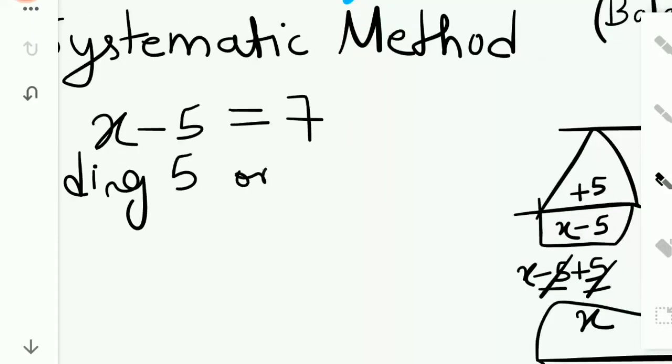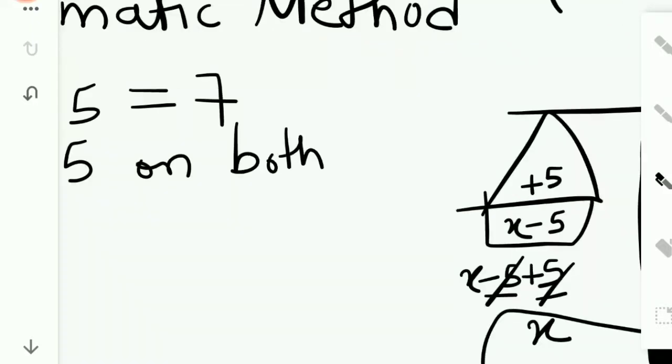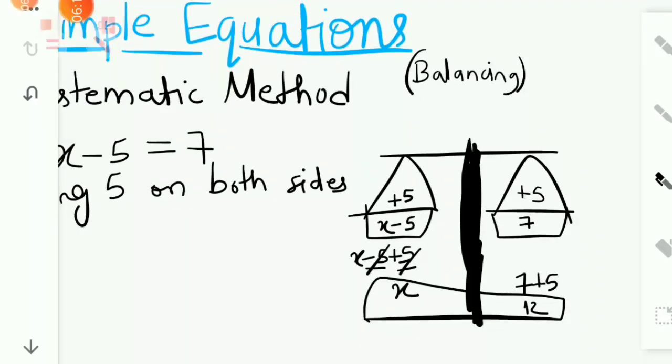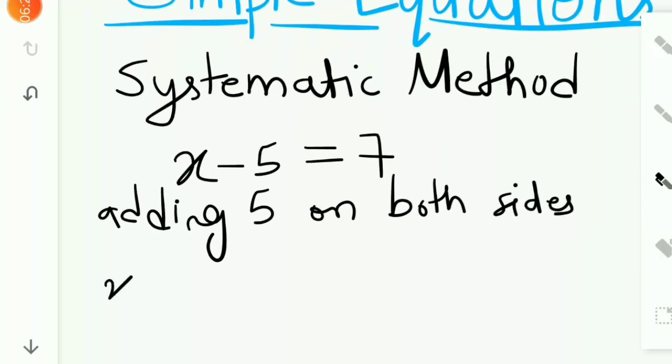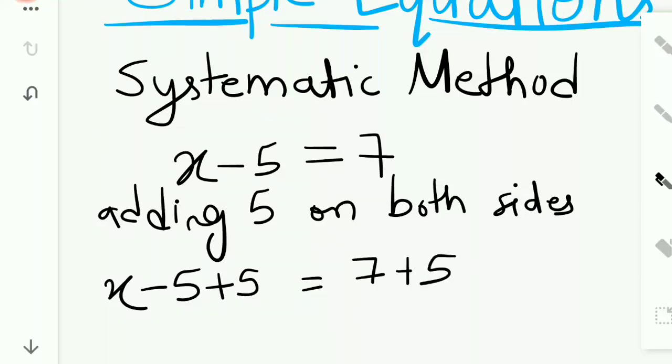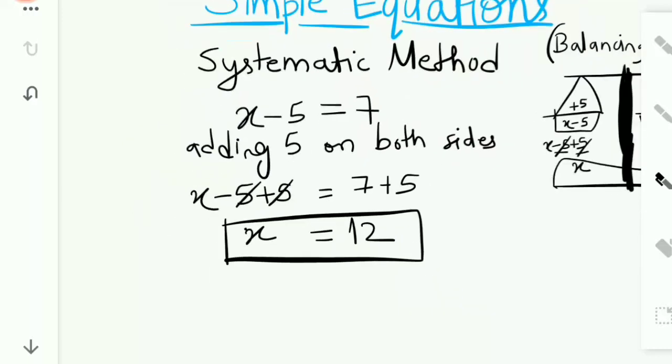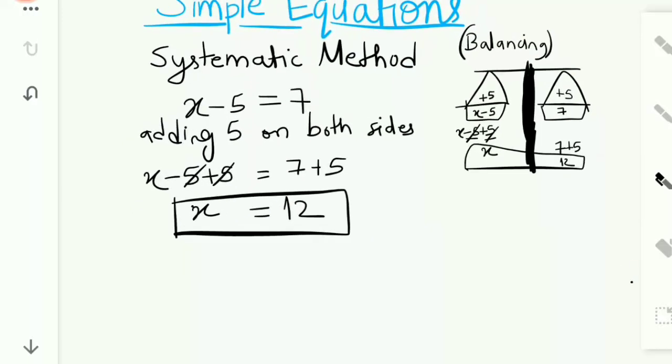Adding 5 on both sides. What do we get? x minus 5 plus 5. Left side we added, so we'll have to add on the right side as well. So minus 5 plus 5 cancel out to be 0. x plus 0 is x. Equal to 7 plus 5 is 12. So here is our answer. x equal to 12 by balancing, or the systematic method.